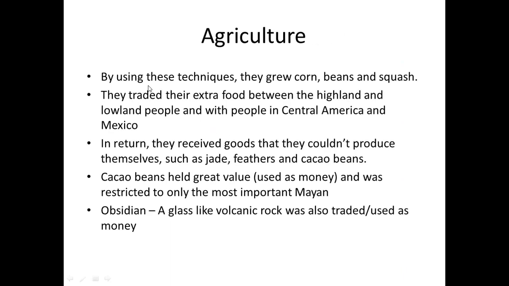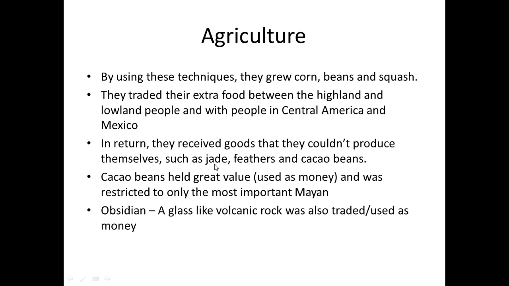By using the techniques I've mentioned a while ago, they grew corn, beans, and squash, and they traded their extra food between the highland and lowland people and with people in Central America and Mexico. In return, they received goods that they couldn't produce themselves, such as jade, feathers, and cacao beans.